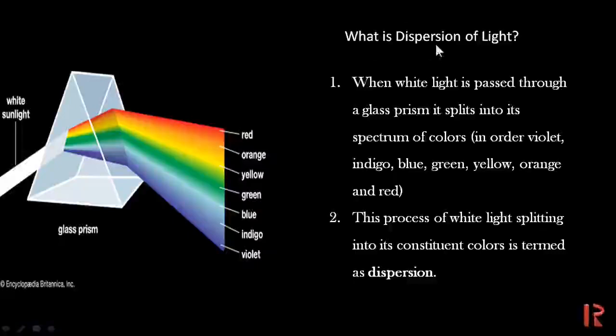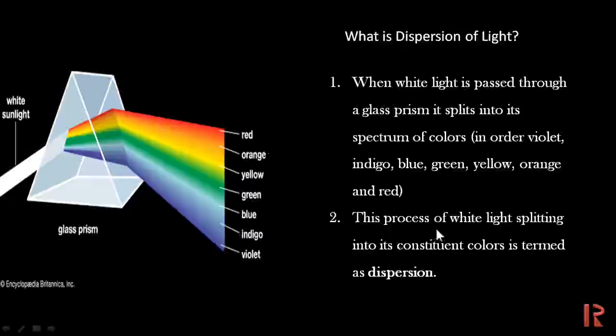What is dispersion of light? When white light, it may be sunlight, passes through a glass prism, it splits into its spectrum of colors in order: violet, indigo, blue, green, yellow, orange and red.